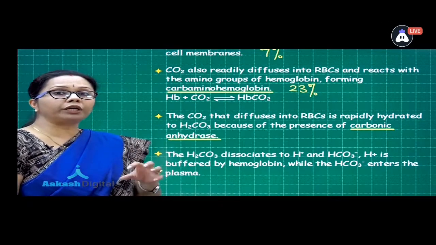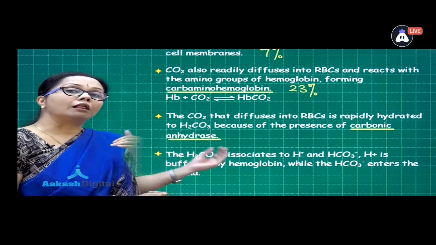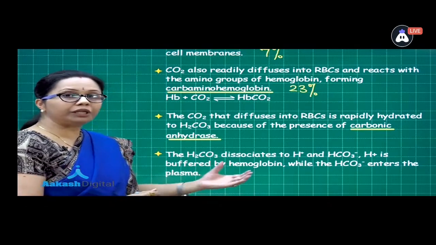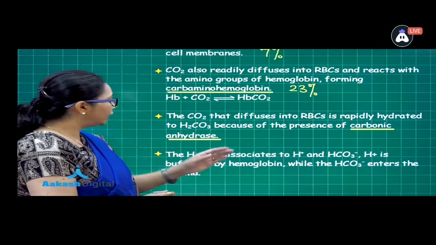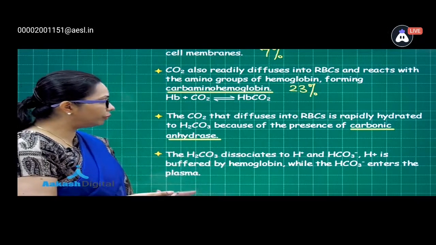Now most of the proteins have a buffering action, and within the RBCs the hemoglobin combines with the H+ ions and forms HHb, that is hemoglobinic acid, while the bicarbonate diffuses out of the RBCs and goes into the plasma.